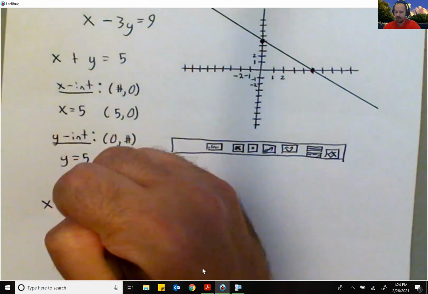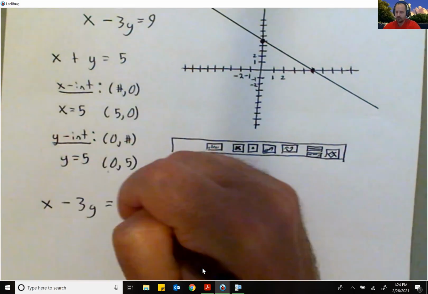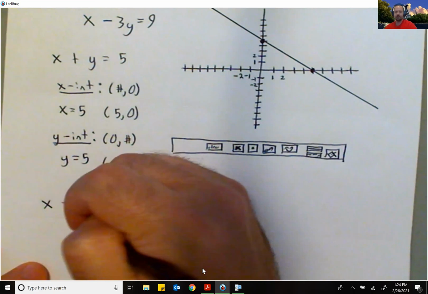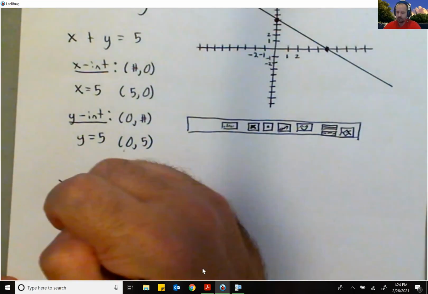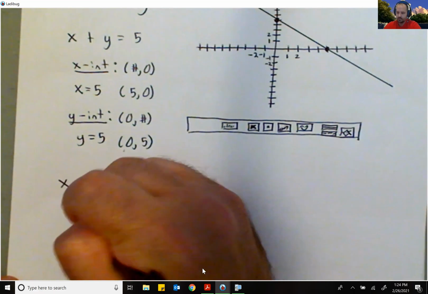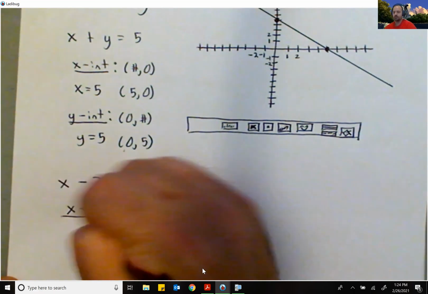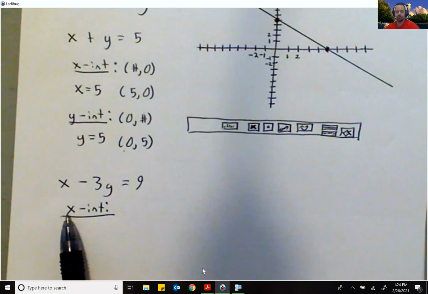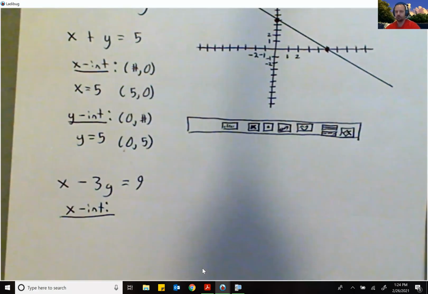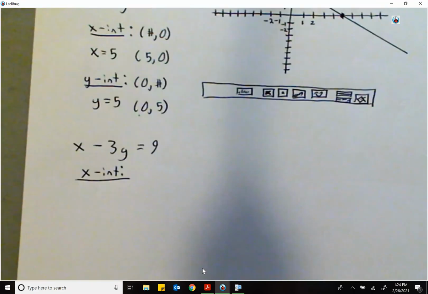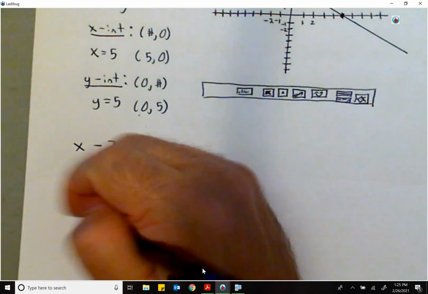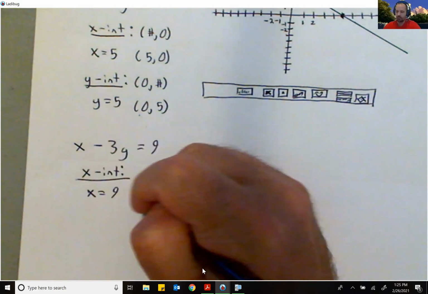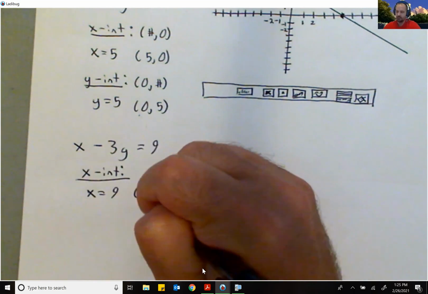Again, it's in standard form, so we can do the quick cover-up method. If I want the x-intercept, who goes away? y. What's left? x is 9. So we now know that we're going to plot the point 9, comma, 0.